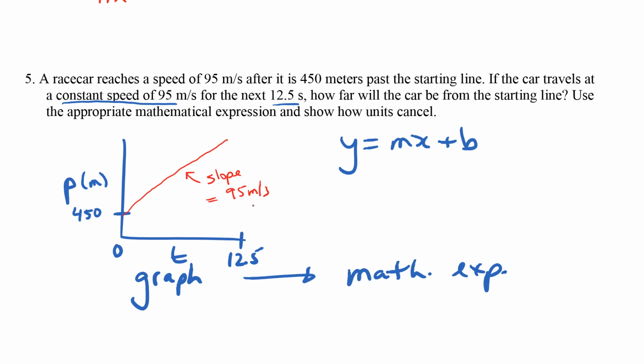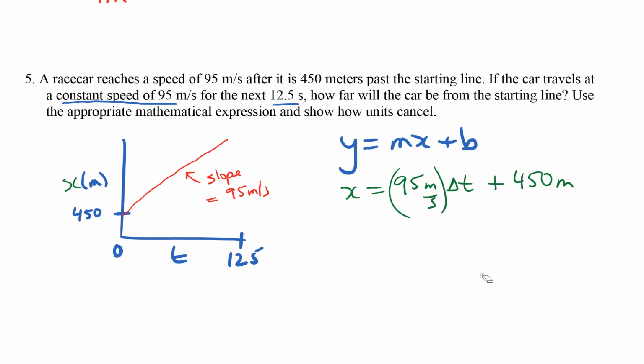So when I do my mathematical expression for this, this is a straight line, so my y here will actually mean my position, which is x. My slope is 95 meters per second. My x is how much time has gone by, plus my y-intercept, which is 450 meters. Okay, so there we started with our graph, and now we have a nice mathematical expression.